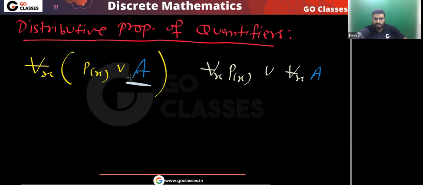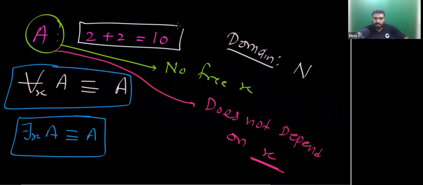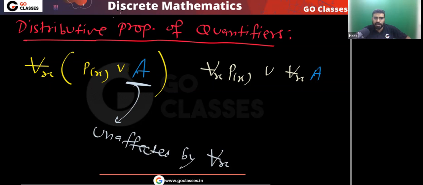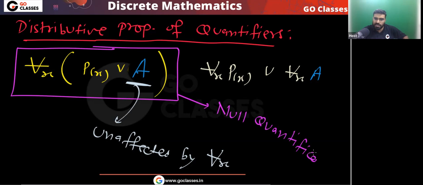Is this point clear? For example, this a can be this. So if I replace this with a, which is completely unaffected by this quantifier, then this type of expression we will call null quantification.